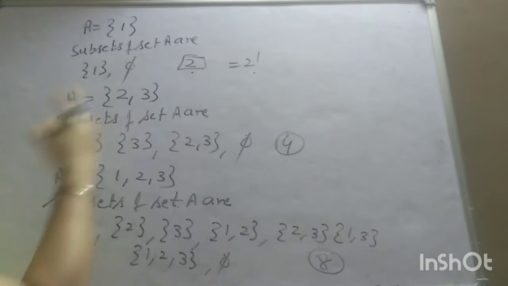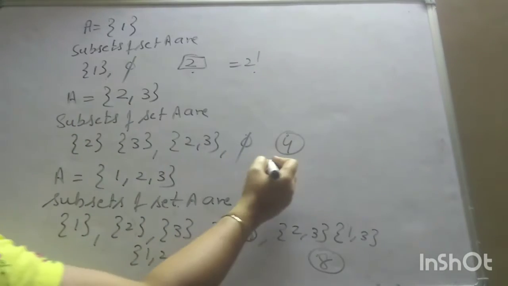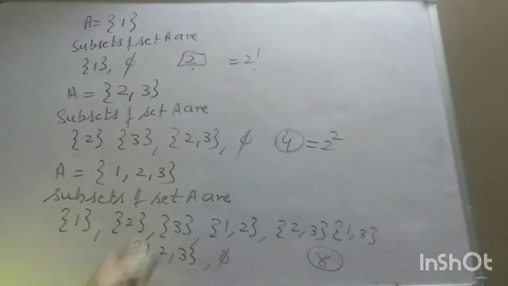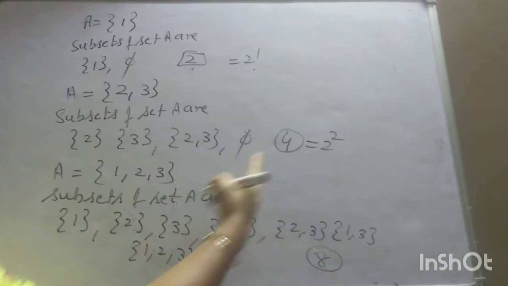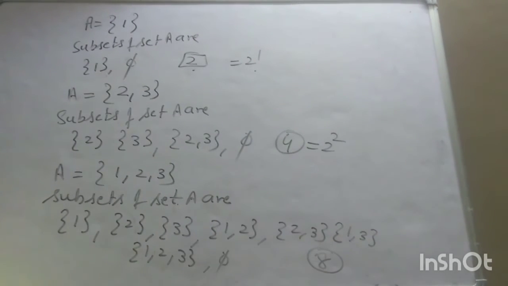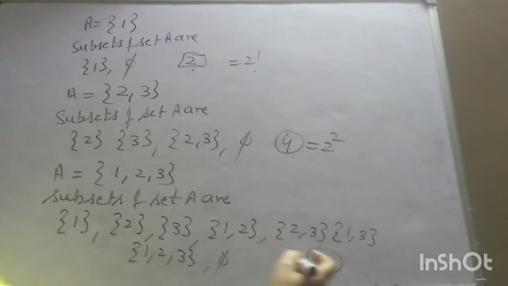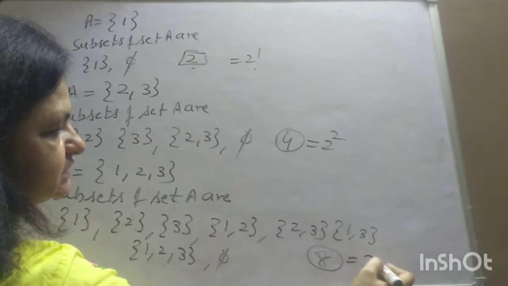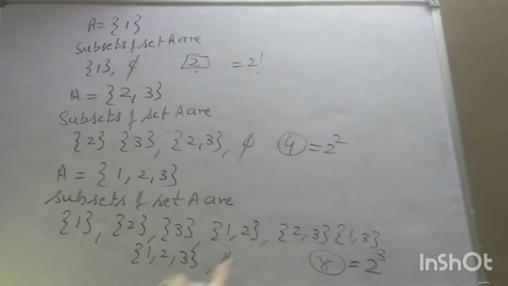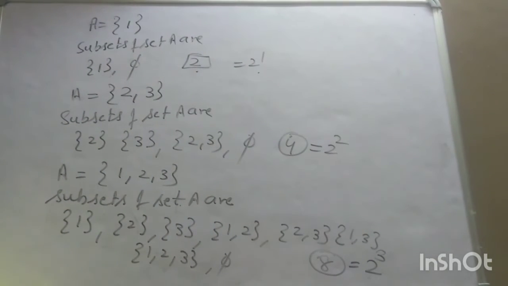Here we have two elements, so number of subsets are 2 to the power 2, it means 4. Here number of elements are 3, it means number of subsets are 2 to the power 3 is equal to 8.